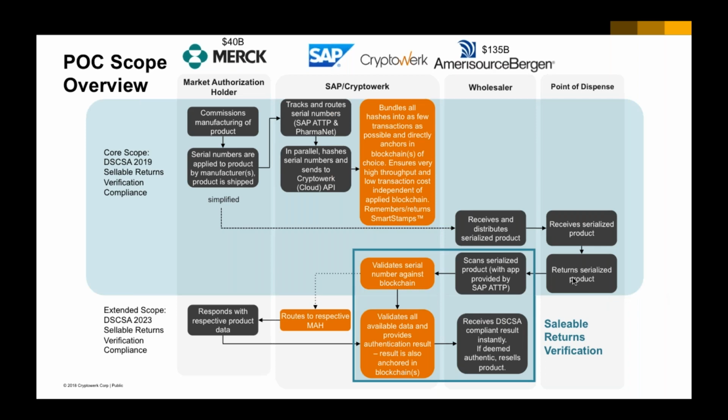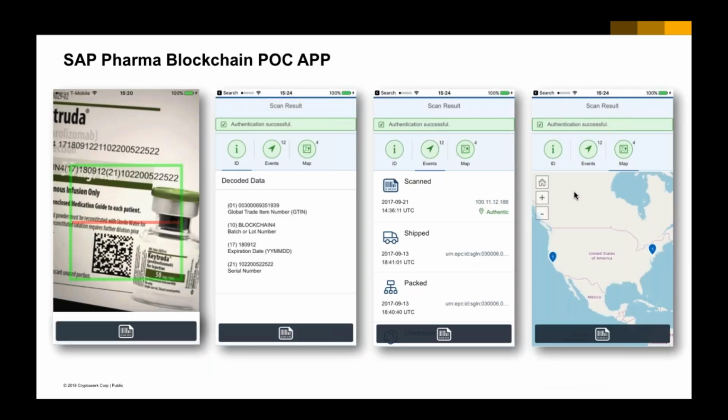And then on the backend side, AmerisourceBergen got a repurposed SAP tracking app, let me show that to you here, which is a part of SAP Advanced Track and Trace and is able to scan these Merck items for the POC's sake.